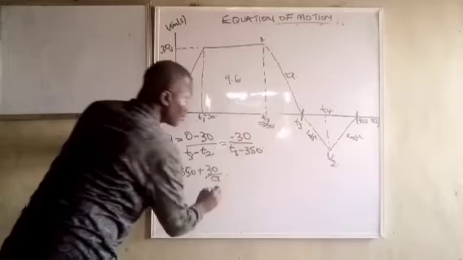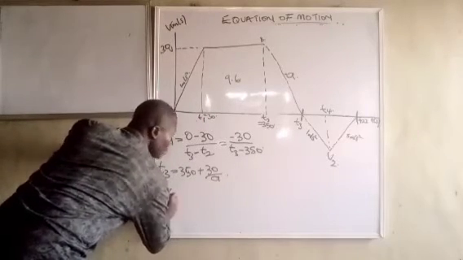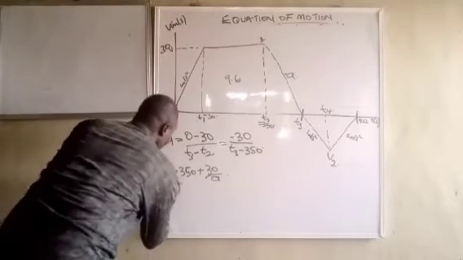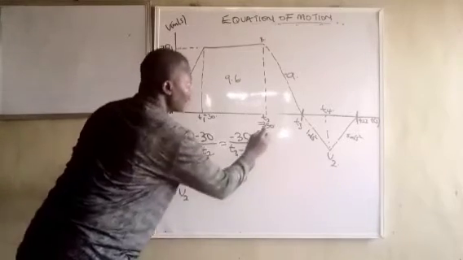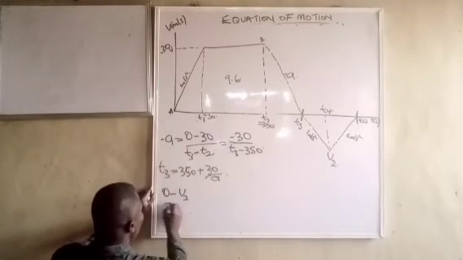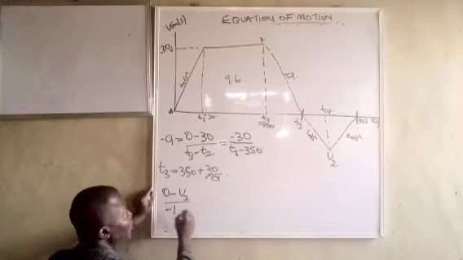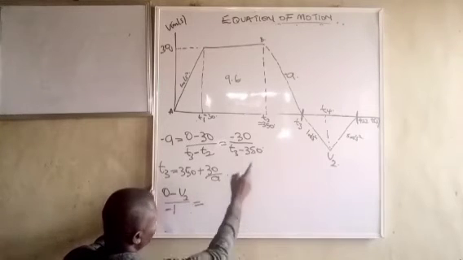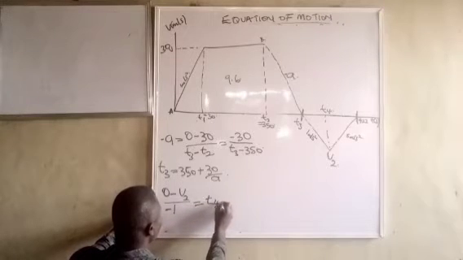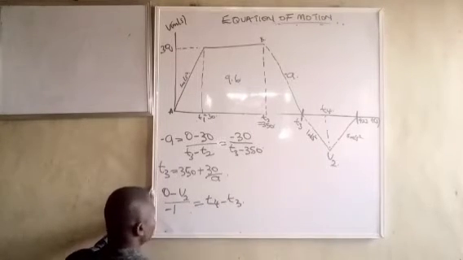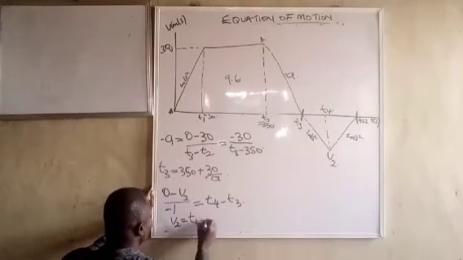So 0 minus V2 over minus 1 will be equal to T4 minus T3. So V2 is equal to T4 minus T3.